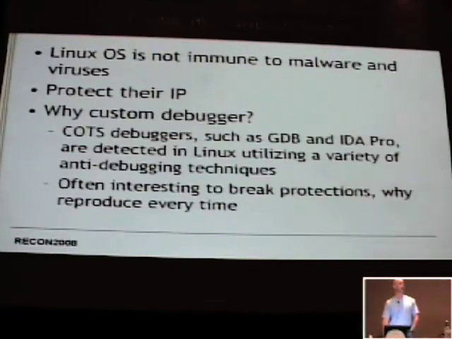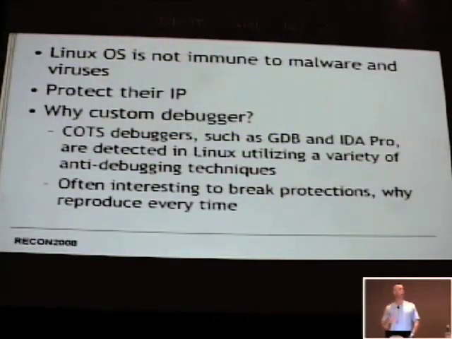I think what happens is that with malicious software, the majority of it tends to focus on Windows, but Linux is an operating system that's fairly popular, and it does get malicious intent. And so what they want to do is protect their IP. In other words, by casual inspection, you can't understand what they're doing. So what they'll do is packing and that type of stuff.